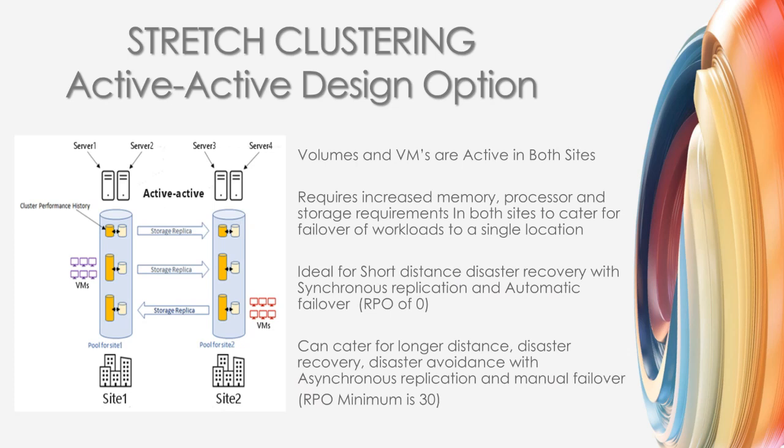The outcome needs to be an even set of numbers across the two sites for a stretch cluster. Stretch clusters themselves support between 4 and 16 node configurations. At the small end, a 4-node stretch cluster requires 2 nodes per site, and at the high end, 8 nodes per site, giving you 16 nodes.